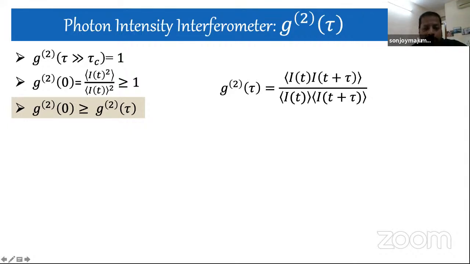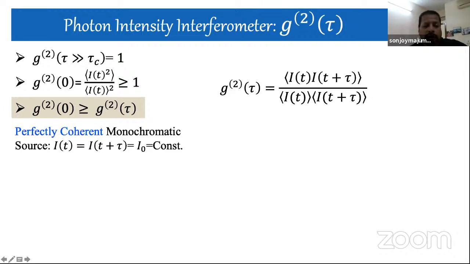So you expect G2 at tau equal to 0 to be the maximum. We can see in the profile how G2 varies over different values of tau, in the next slide.